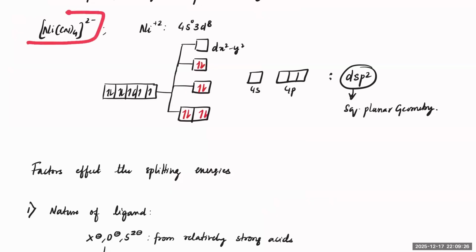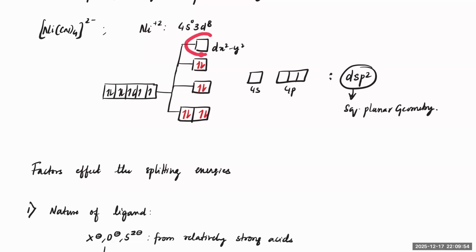Now, nickel cyanide 2 minus would have a configuration like this: 4s0, 3d8. And you see how those 8 electrons are distributed here. First 1, 2, 3, 4, then 5, 6, 7, 8. You have to keep on pairing as you start moving towards the next set.